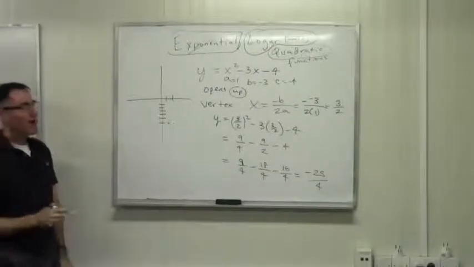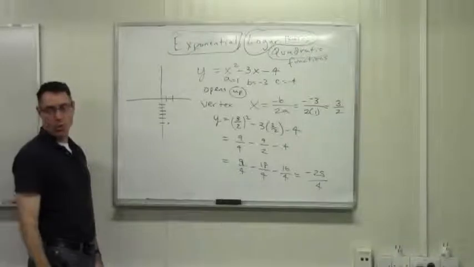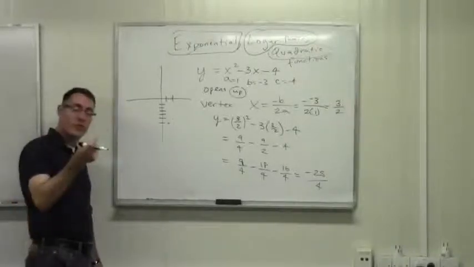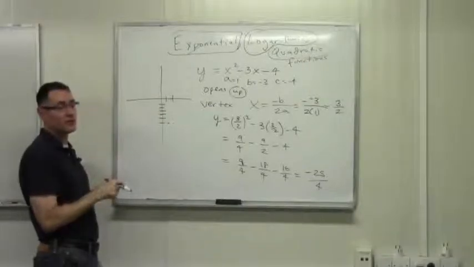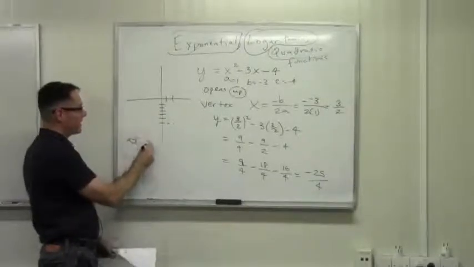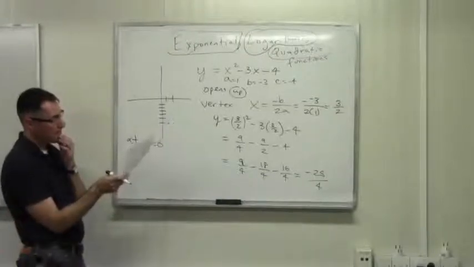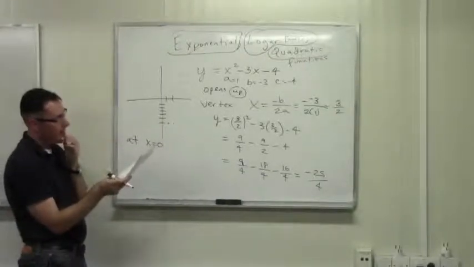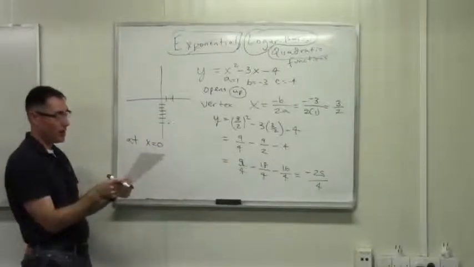Okay? If I want to find where it hits the axis, we could do what you did on the test by making x equal to 0. At x equals 0, this will give you the y-intercept, where it hits the y-axis.